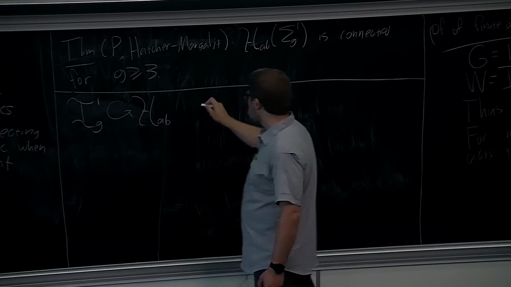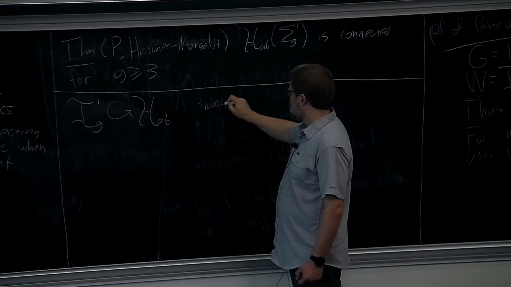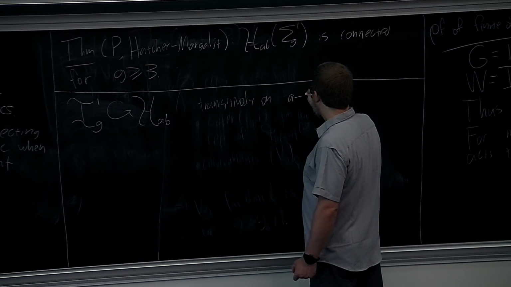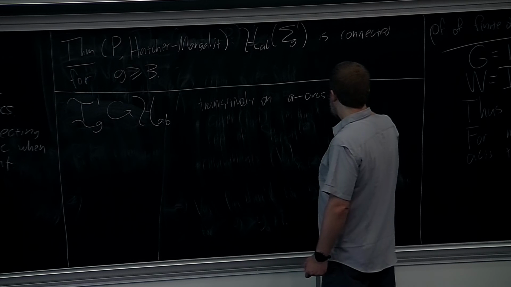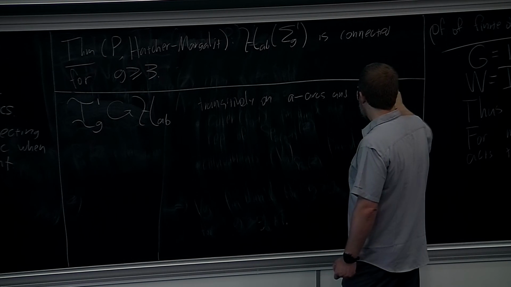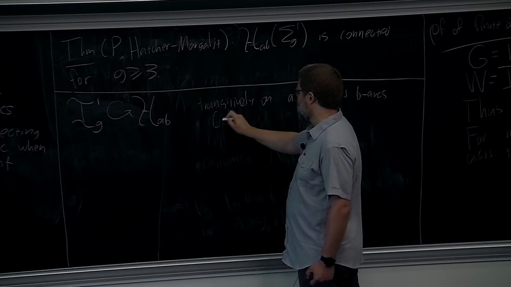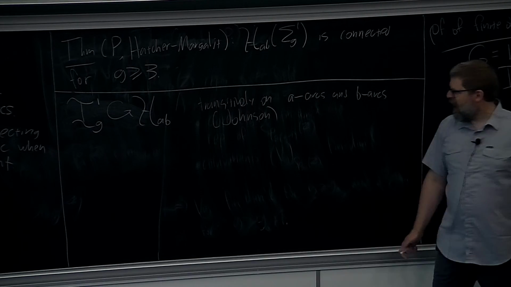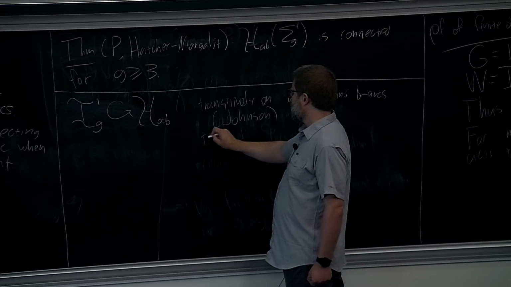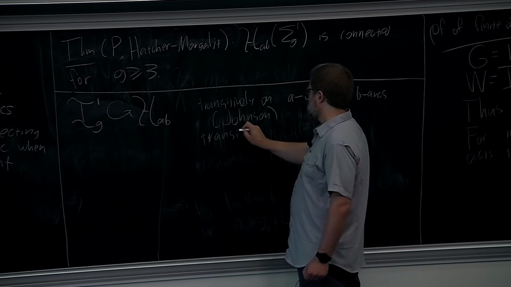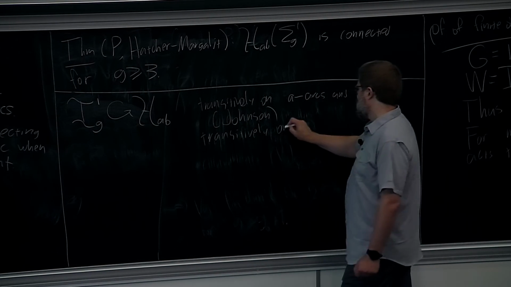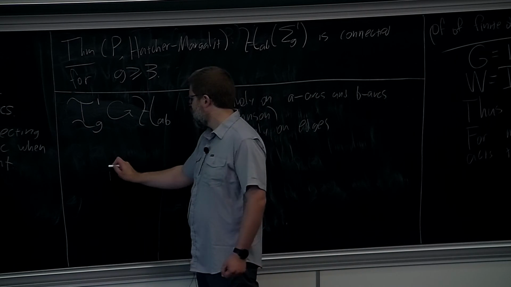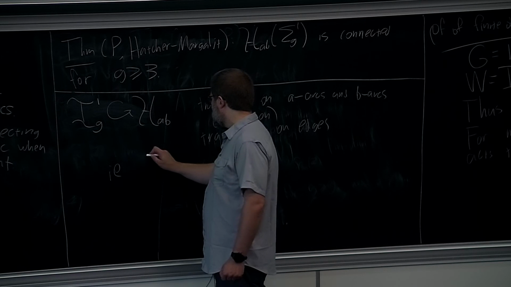It acts transitively on the A arcs and the B arcs. That's basically due to Johnson. He proved something equivalent to that. And also transitively on the edges.